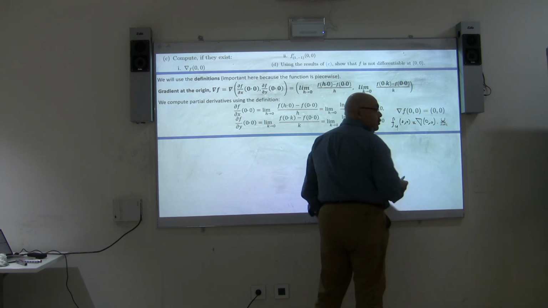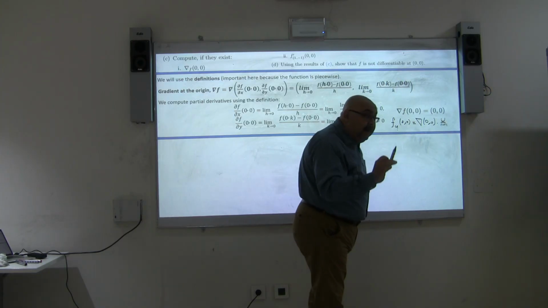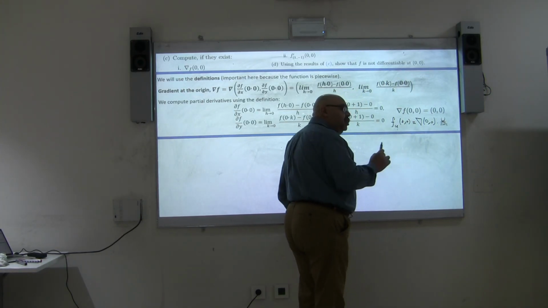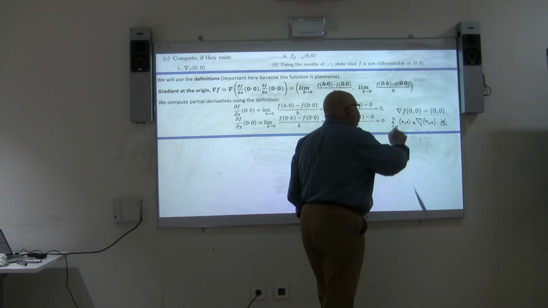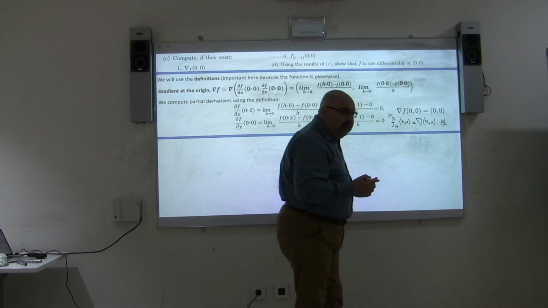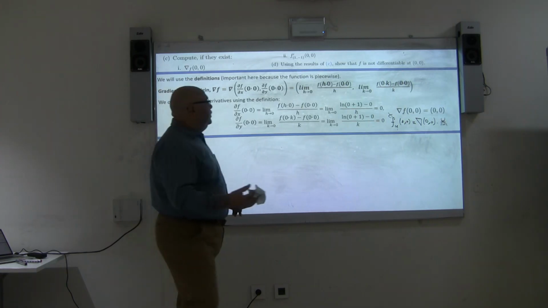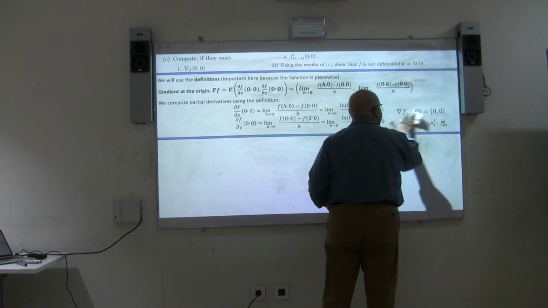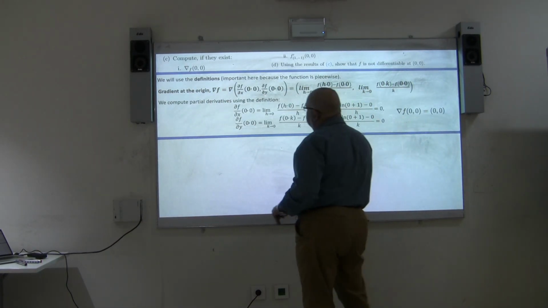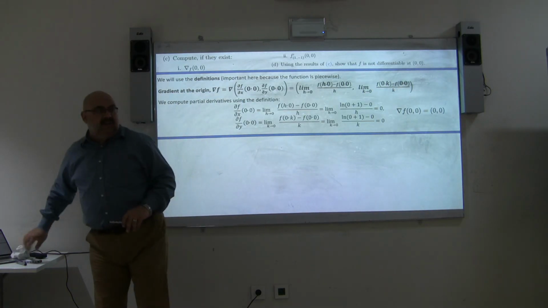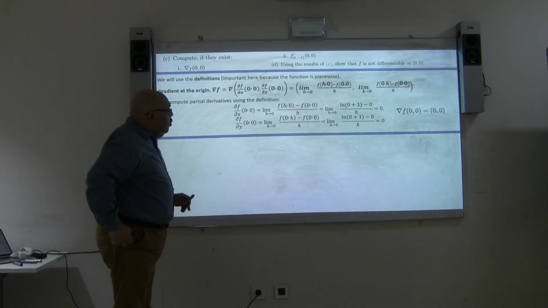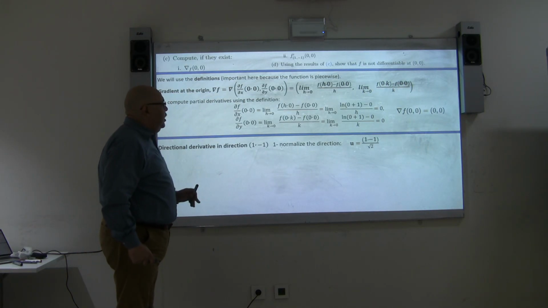This relation is applicable once your function is differentiable. But if the function is not differentiable at a certain point, I can't use this relation. So I will use the general relation.